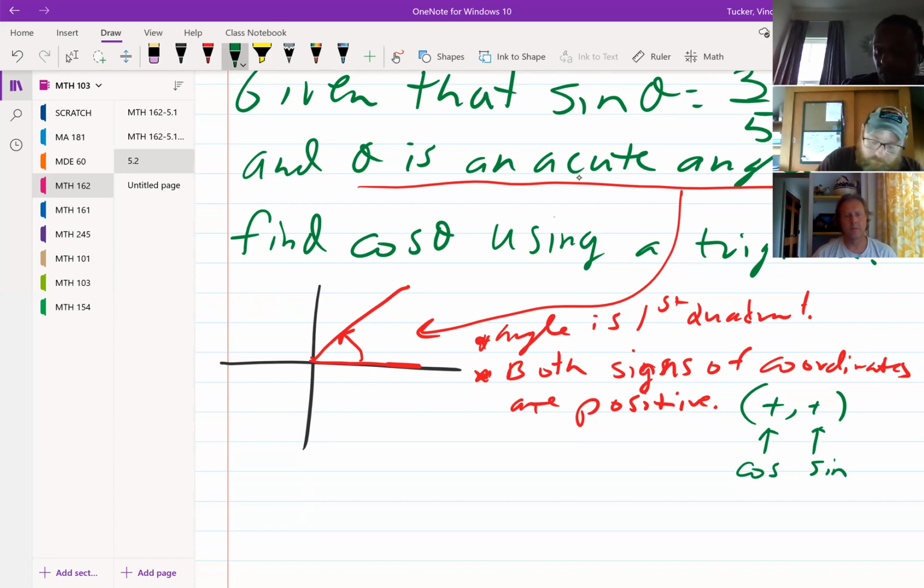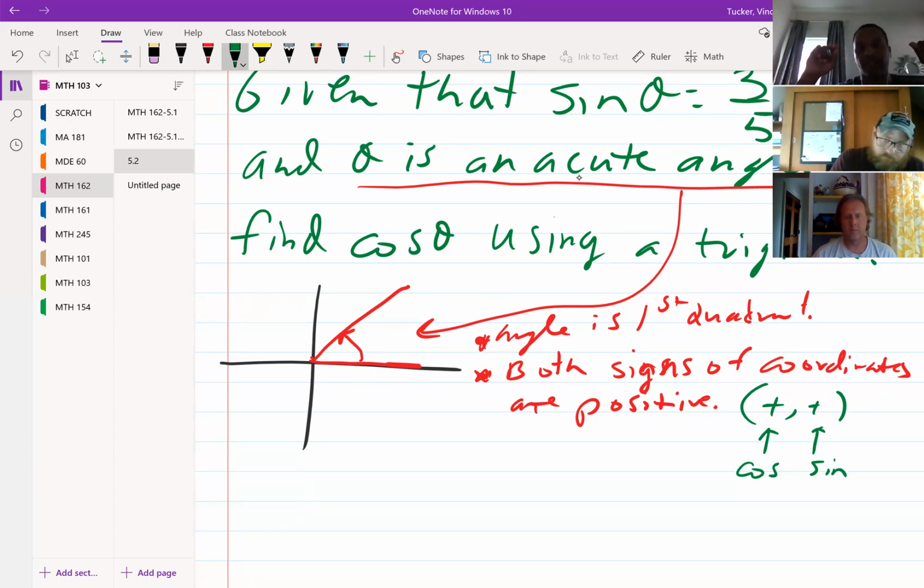You may ask yourself, how can you just put options there? Well, you'll see what happens when we go to solve. But I just wanted to point out that the fact that it is an acute angle does matter.